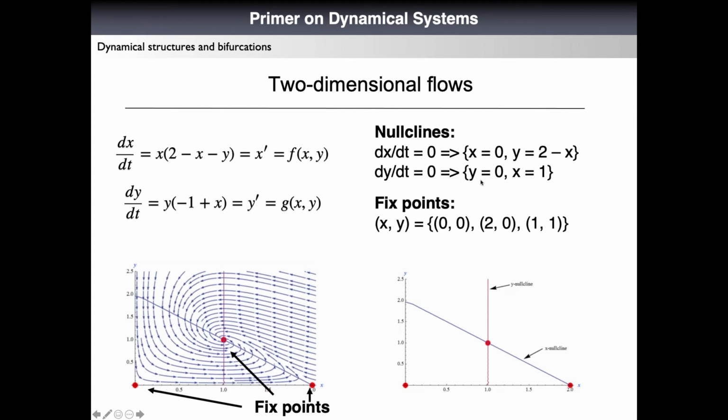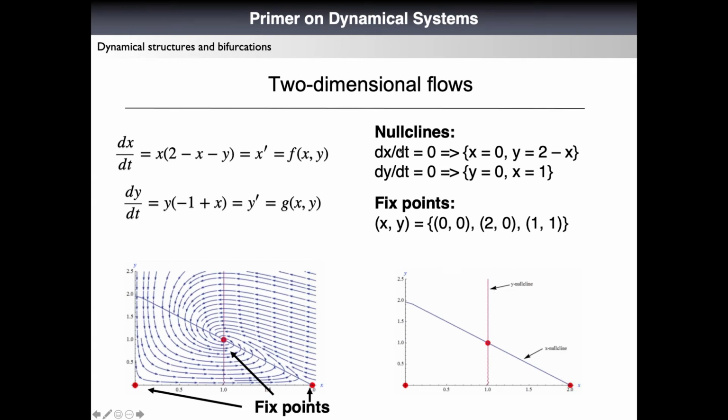This line here is this one. And for the y derivative, we have the line y is 0, which is the x-axis, and x is 1, which is actually this one.